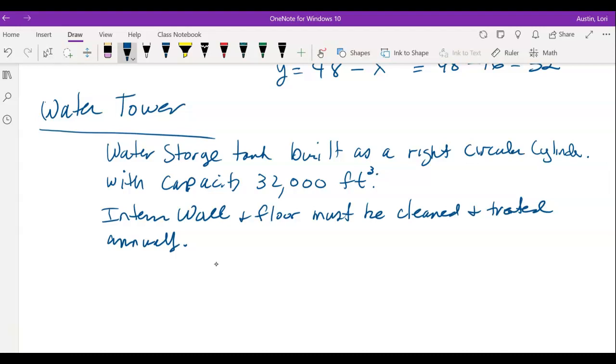Labor costs for cleaning the wall. You can tell this one's going to be a bit more complicated. Labor costs for cleaning the wall are twice as high per square foot as the floor.